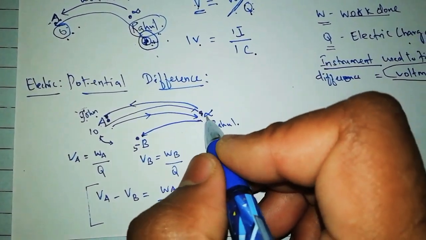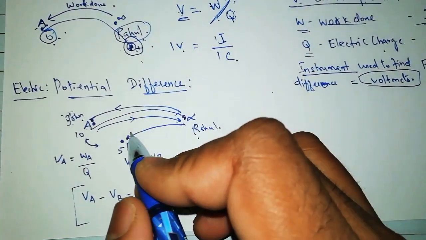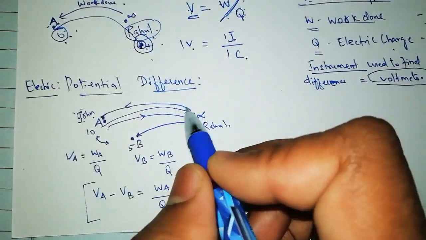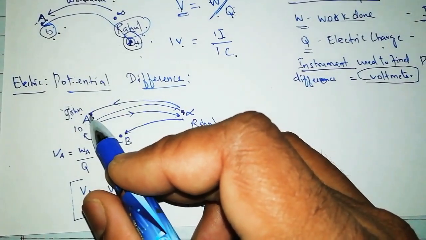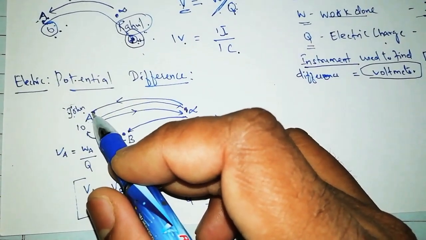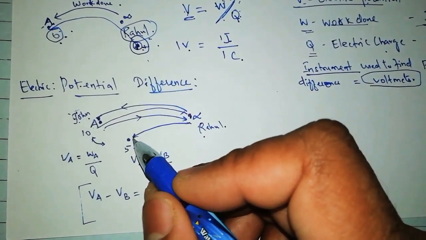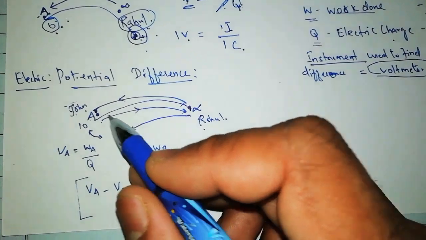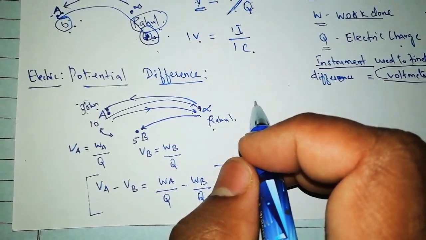So he brings it only up to B. The first time he had some energy and brought it up to A, and the second time he went back and could only come up to B.